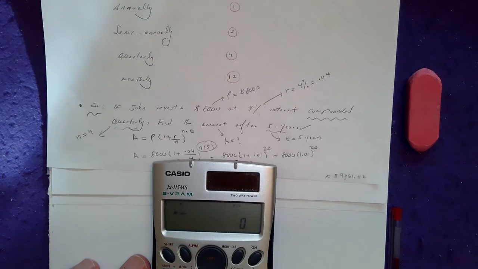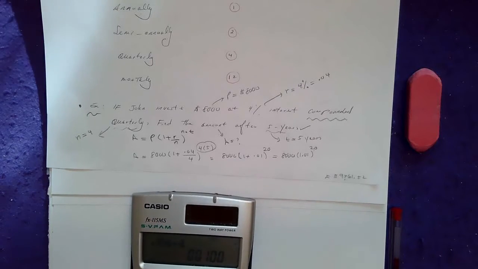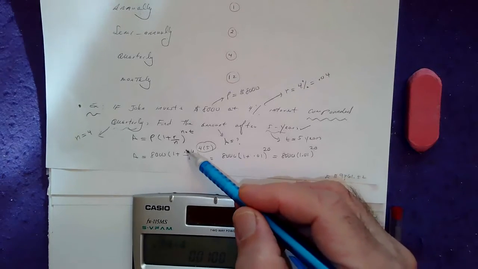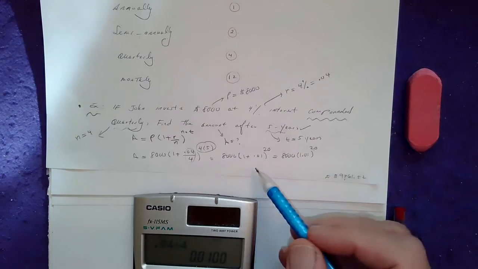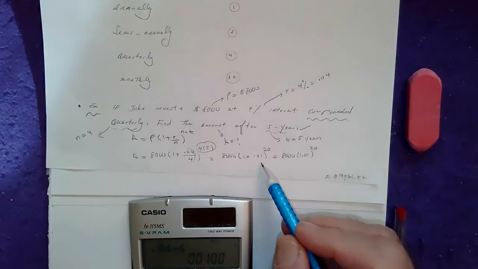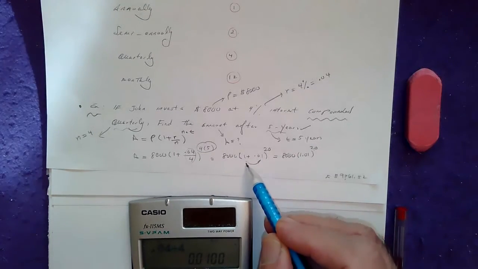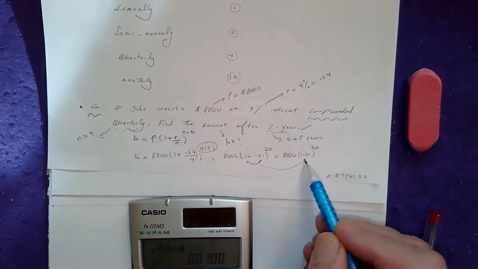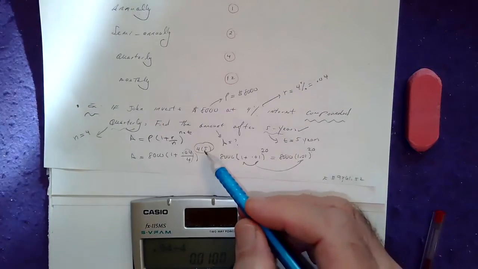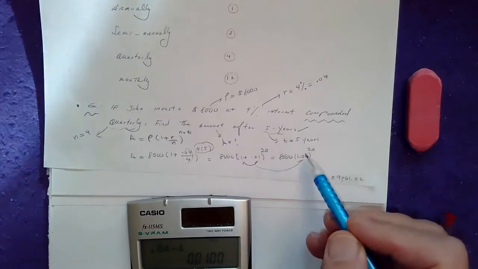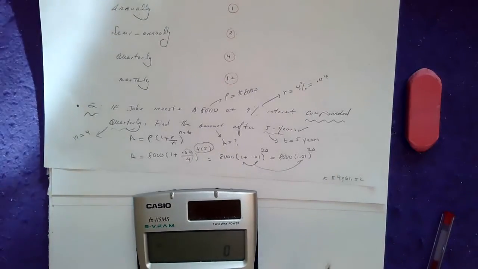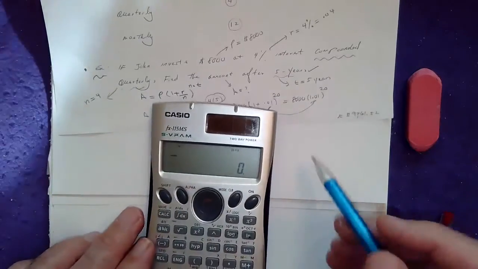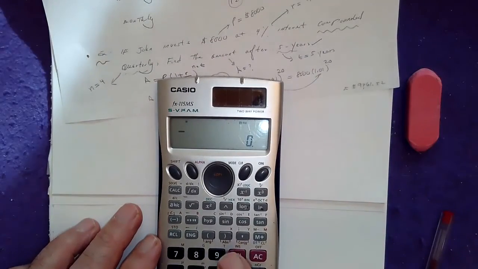First of all, let me make sure everything is okay here. What did I do? First, I divided these two numbers. Then I added 0.01 to 1, so I got 1.01. I multiplied 4 by 5 and got 20. Now I'm ready to raise 1.01 to the power of 20.